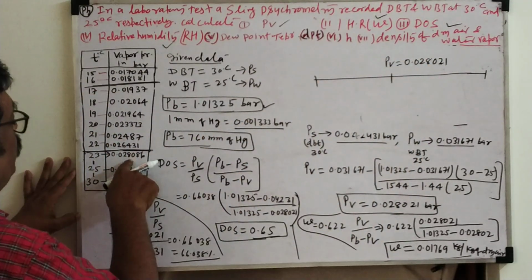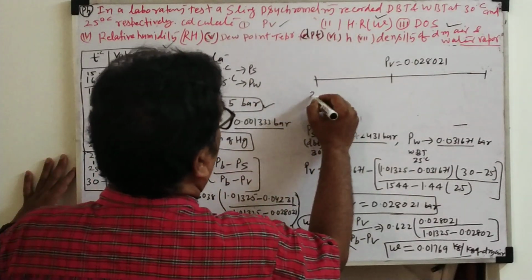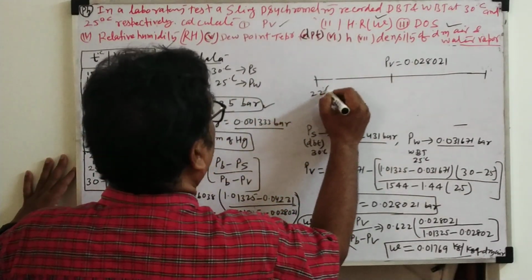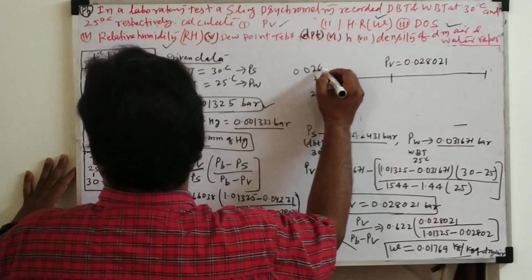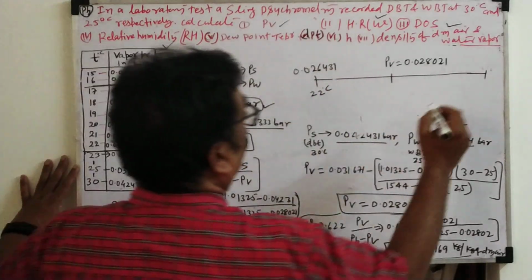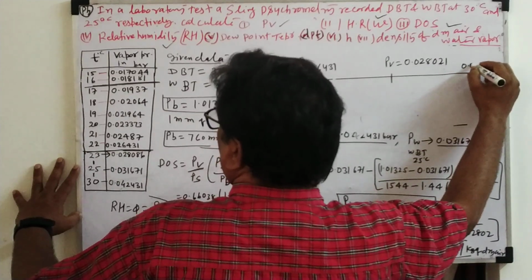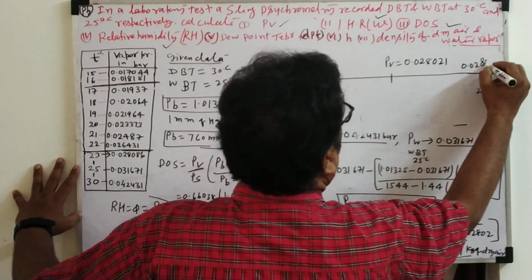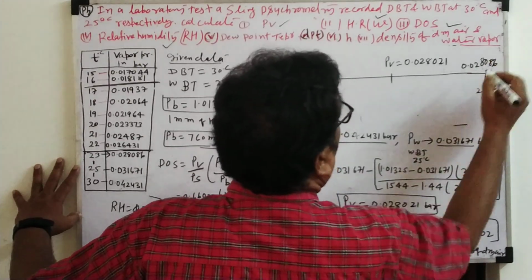That means this value is bigger, and the previous value is 22. The 22 degrees Celsius value is 0.026431, and the 23 degrees Celsius value is 0.028086.